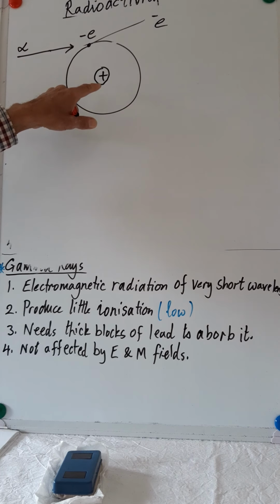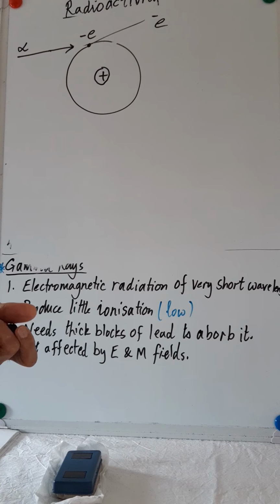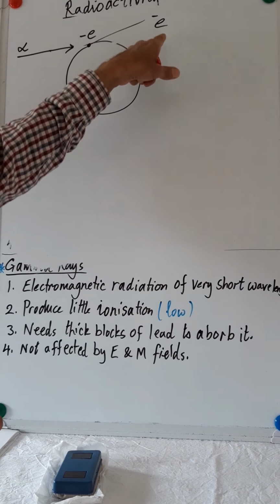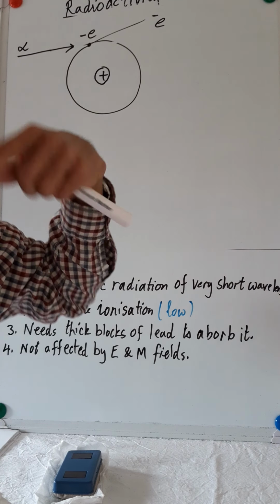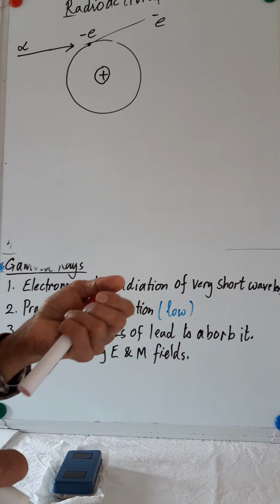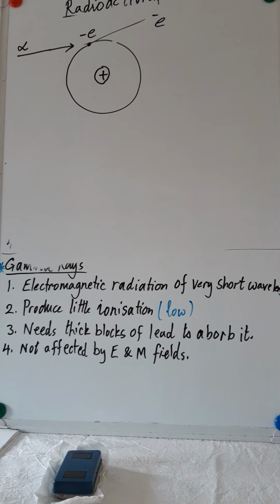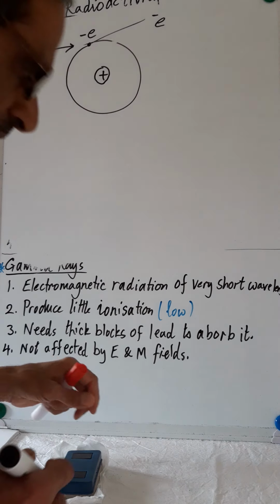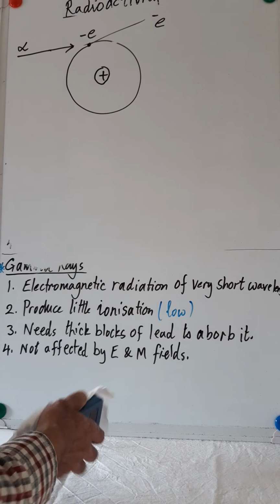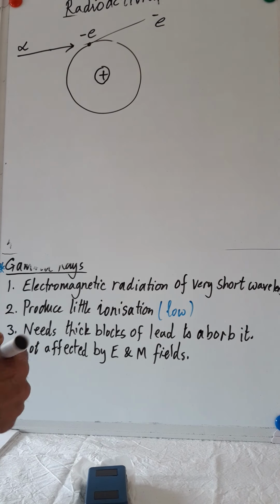So the atom becomes a positive ion. And the electron that has been released becomes a negative ion. Okay, so it produces an ion pair, positive and negative ions. And that's what ionization is.